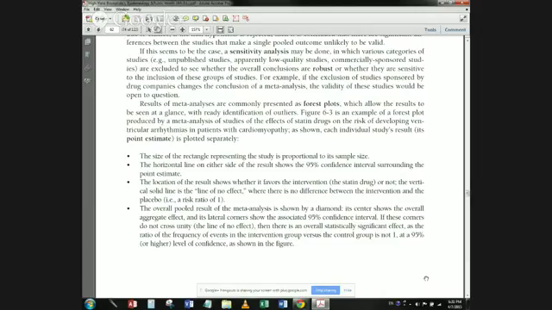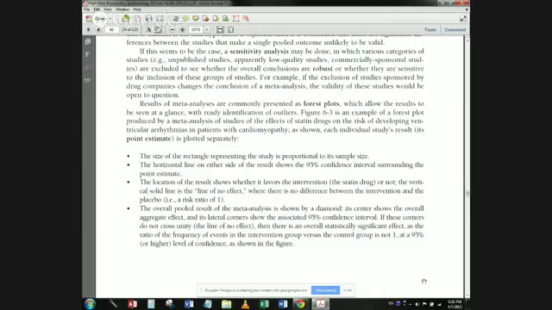The location of the result shows whether it favors the intervention, the statin drug, or not. The vertical solid line is a line of no effect, where there is no difference between the intervention and the placebo, that is, a risk ratio of 1. The overall pooled result of the meta-analysis is shown by a diamond. Its center shows the overall aggregate effect, and its lateral corners show the associated 95% confidence interval.